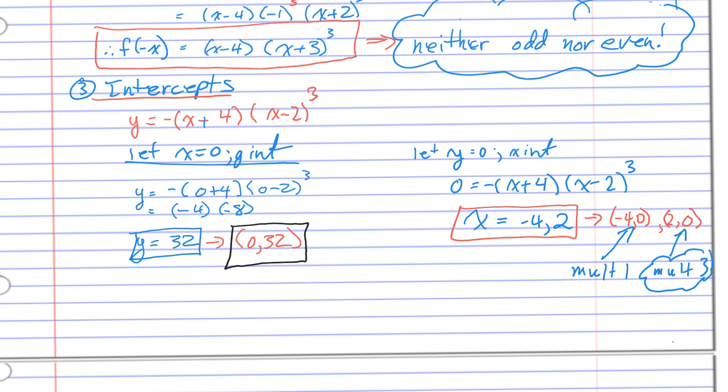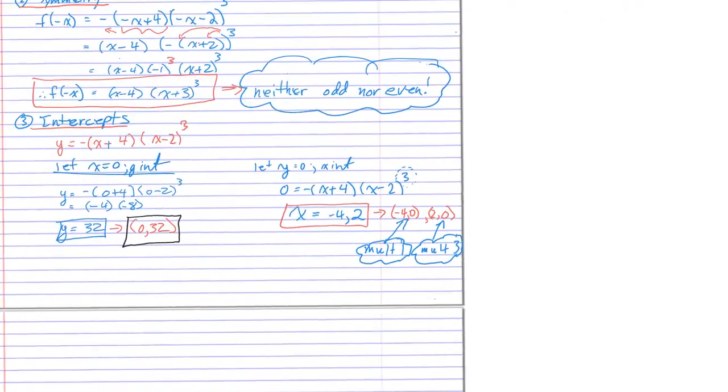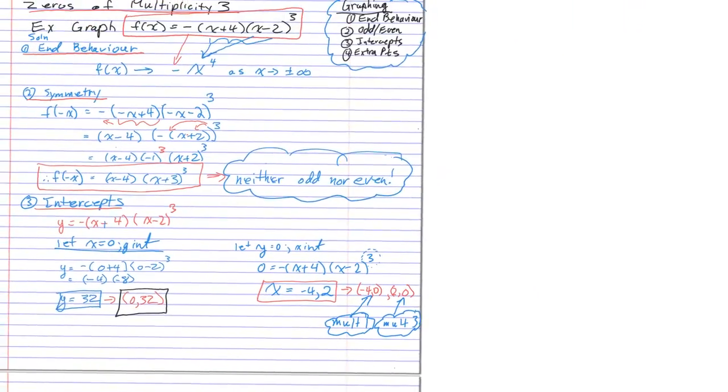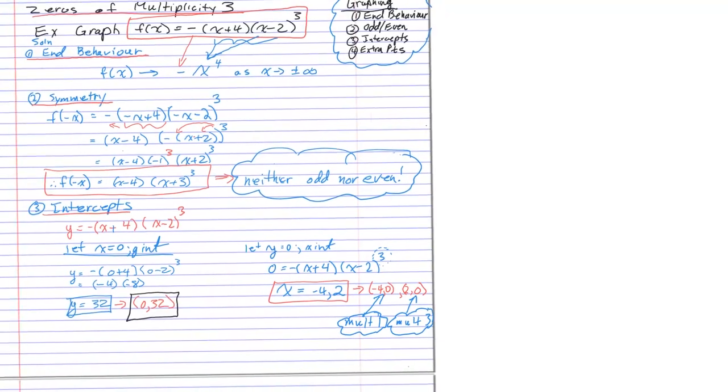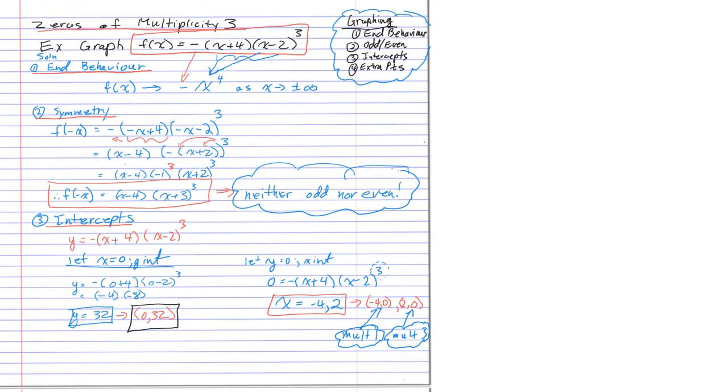And the reason why it's 3 is because the power that affects its factor up here is 3. So now let's take a moment and zoom out, and take a look at our graph and all the information that we have for it. So we have all this information, and what we can do is graph it.